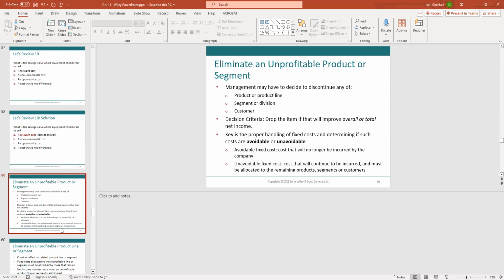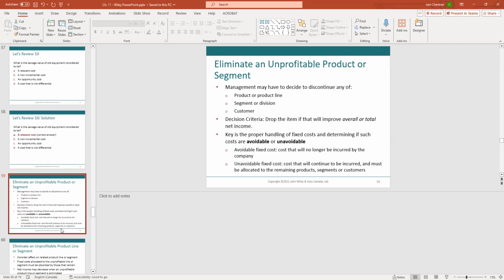We're going to eliminate this product, segment, or customer only and only if that improves the overall profitability of the company. Before we do that, we have to think about which costs can be avoided and which cannot. Variable cost definitely can be avoided.